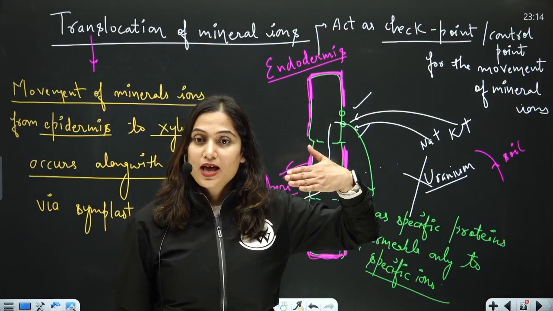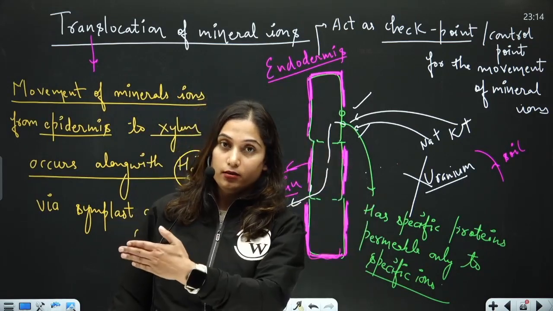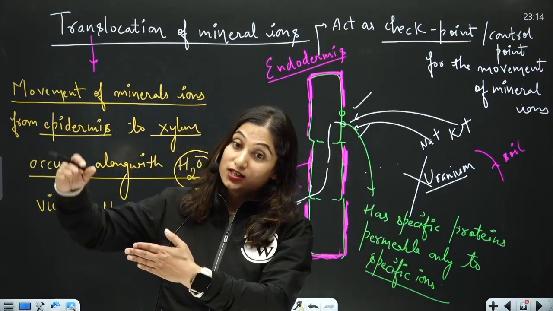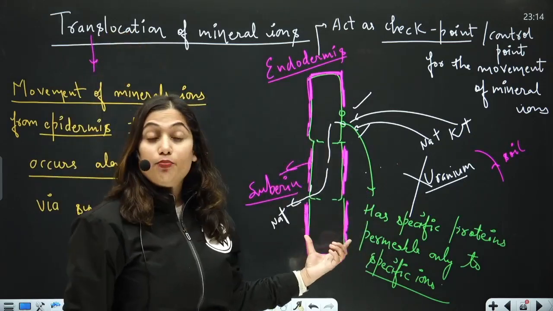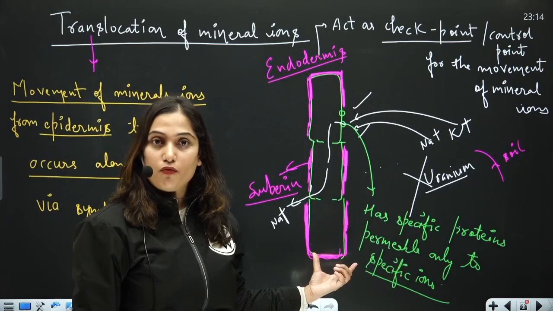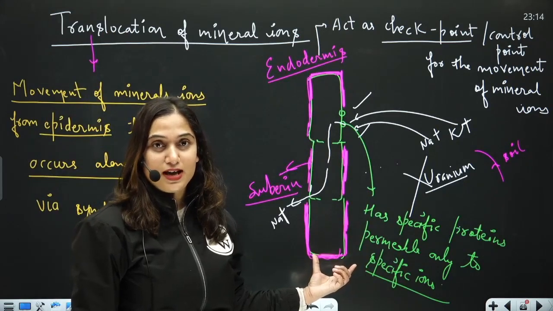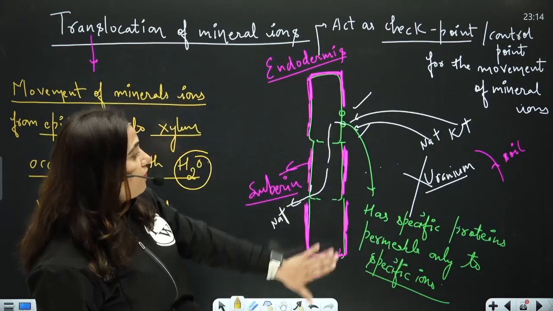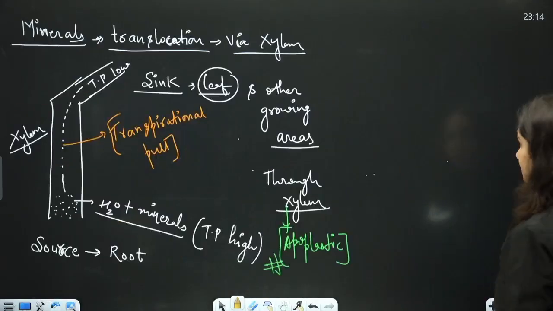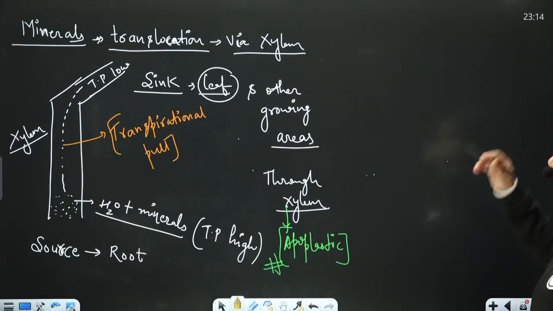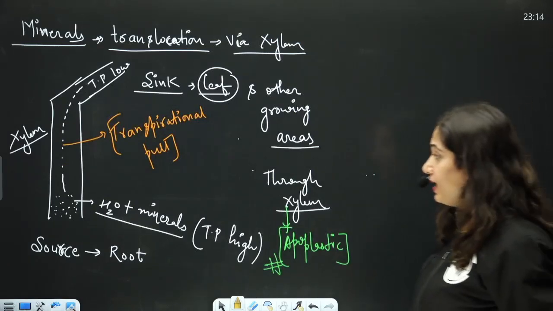If the mineral has got into the xylem, it will go towards the different parts of the plant, right? So this is an important checkpoint in the movement of water as well as in the movement of mineral ions. Clear? This layer is very, very important. Now, how do minerals get translocated via xylem?